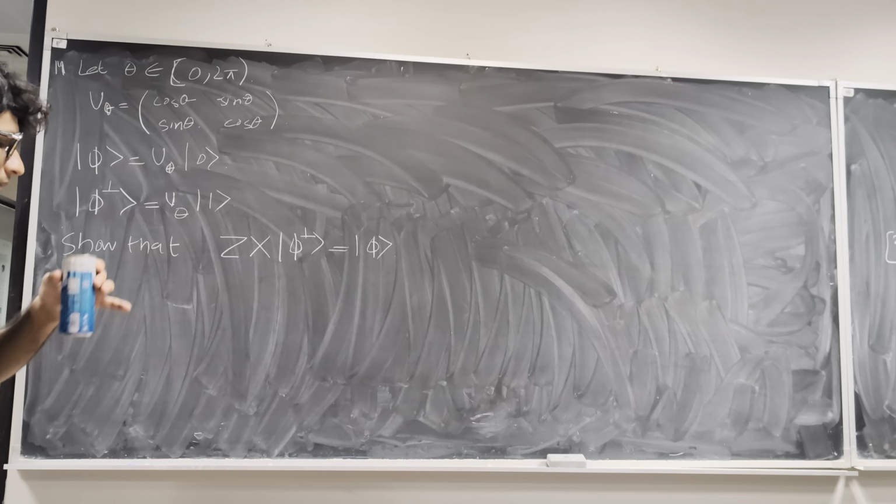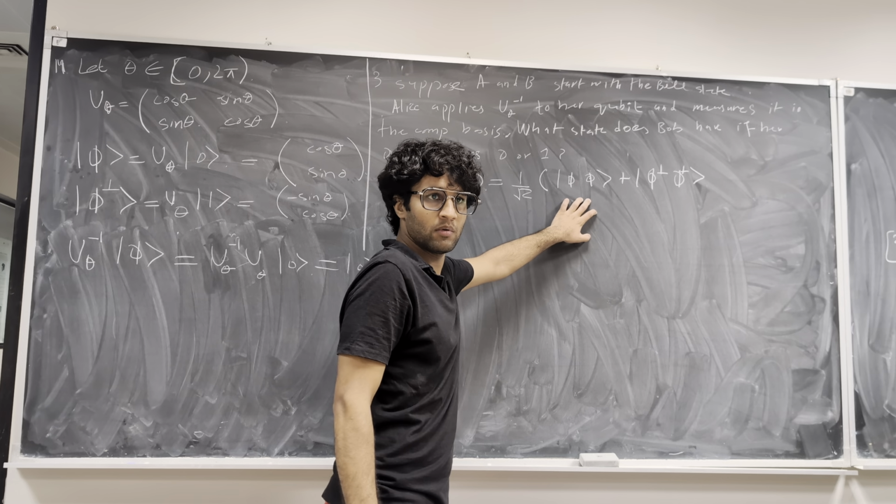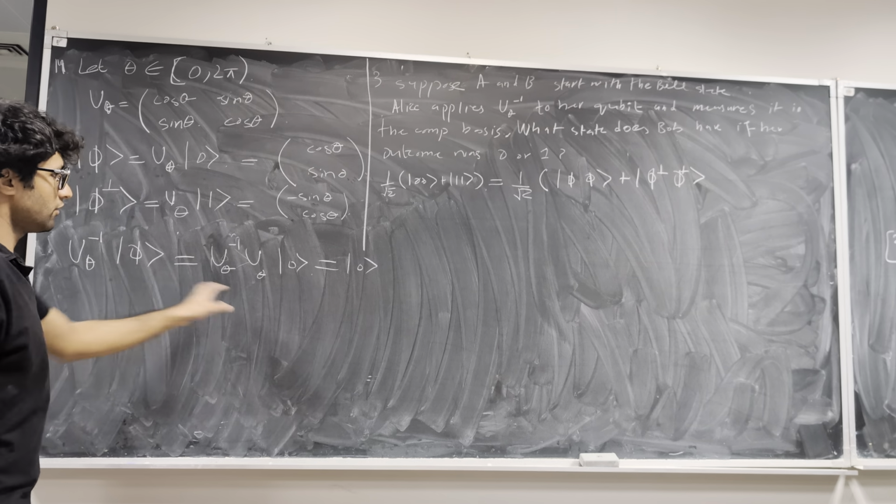Similarly, if I apply the inverse of this U of theta in this equation, I get U inverse of phi is equal to 0, because U inverse times U is the identity. So I don't really need it. If I express my Bell state in these terms and then apply U inverse, I just get 0.